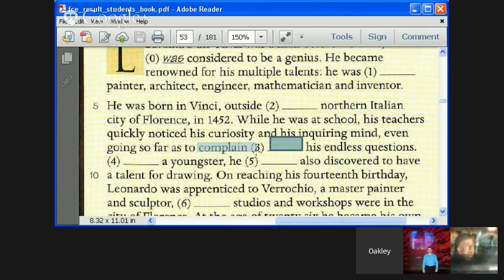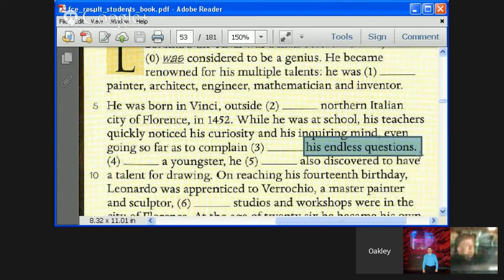Another possible strategy when these are very, very common: verb, some blank after a verb, probably a preposition. You're probably looking for that collocation. Instead of his endless questions, which is obviously an object noun, sometimes the actual information can confuse us, so here's another strategy.